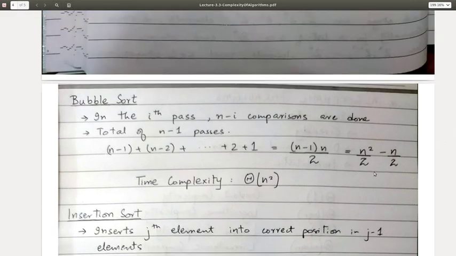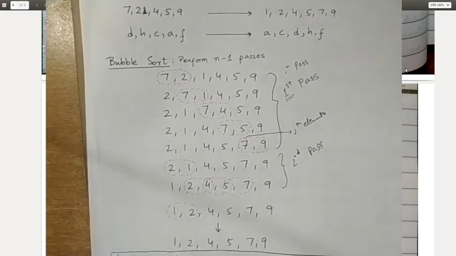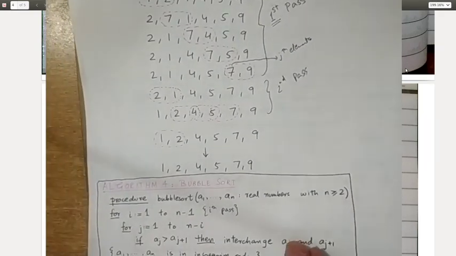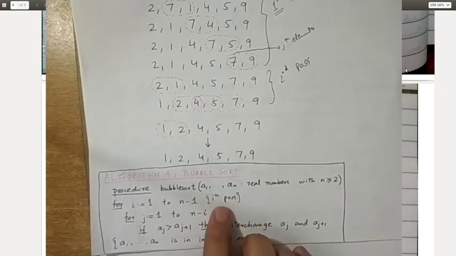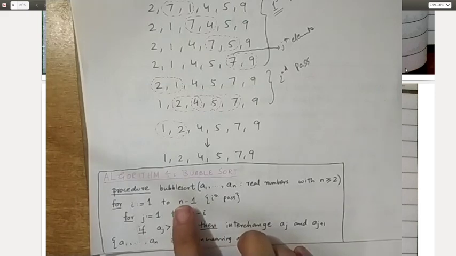Okay, let's talk about bubble sort now. Let me show you the bubble sort algorithm so that you can recall what it used to do. Here is the bubble sort algorithm, and essentially it did the following. It would make a total of n minus 1 passes.